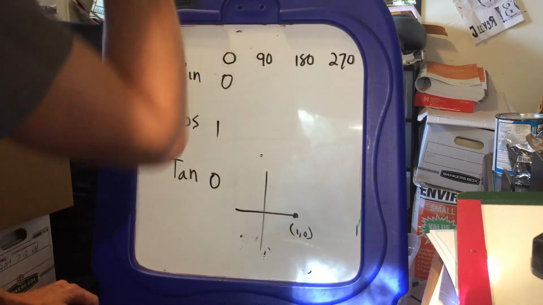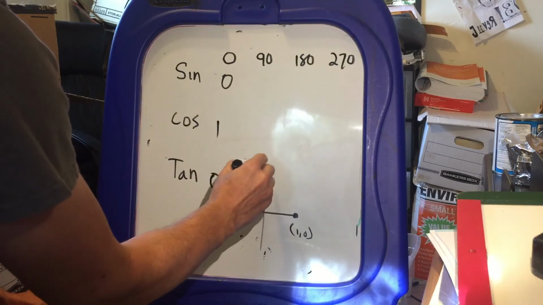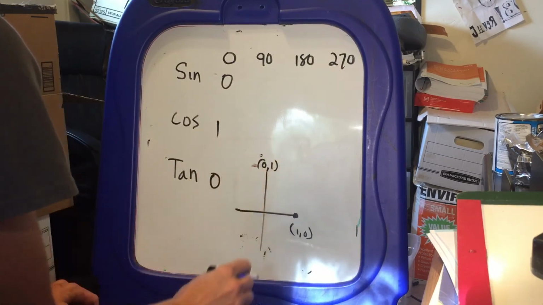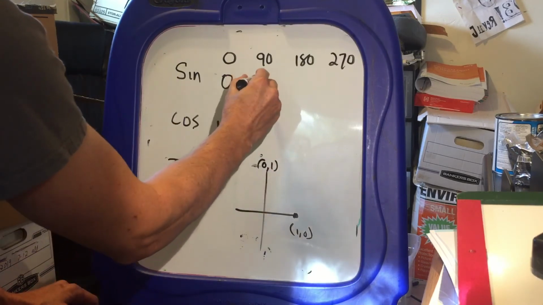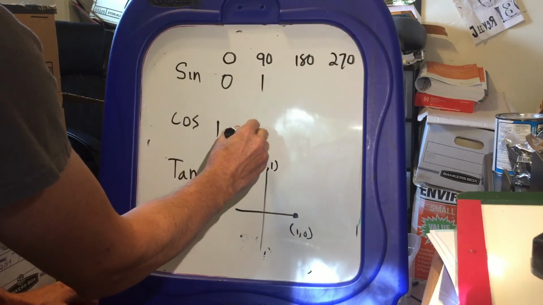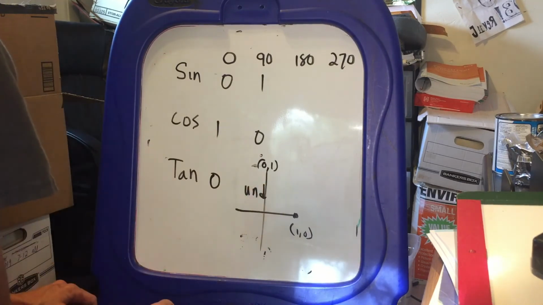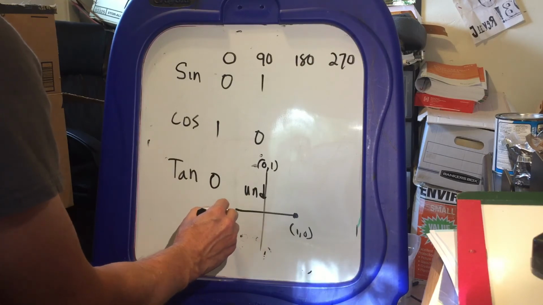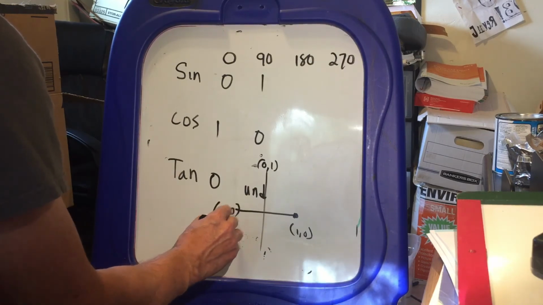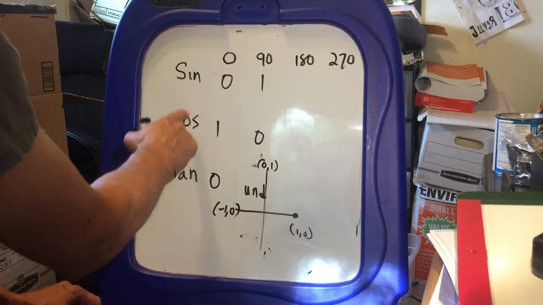Okay? What about 90 degrees? 90 degrees is right here. The coordinate is 0, 1. So what's the sine of 90 degrees? 1. What's the cosine of 90 degrees? 0. What's the tangent of 90 degrees? Undefined. What about 180? 180 is negative 1, 0. What's the sine of 180?